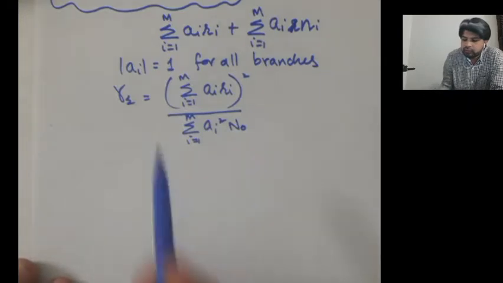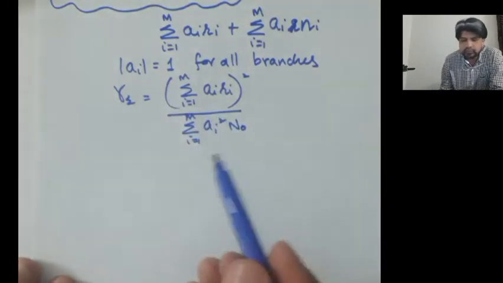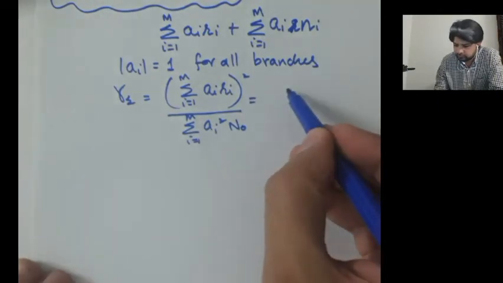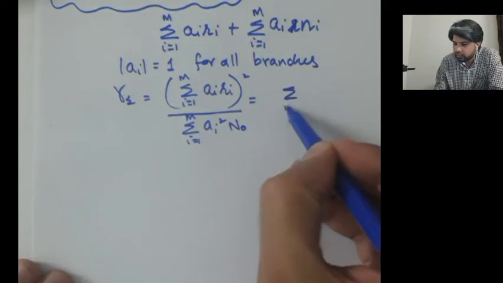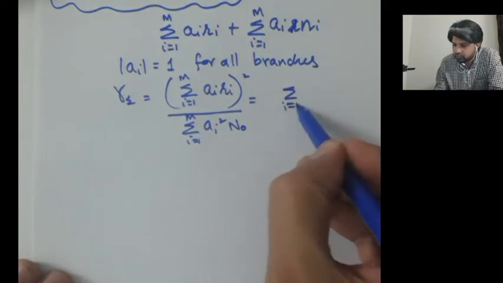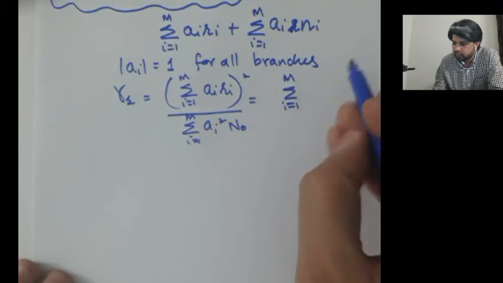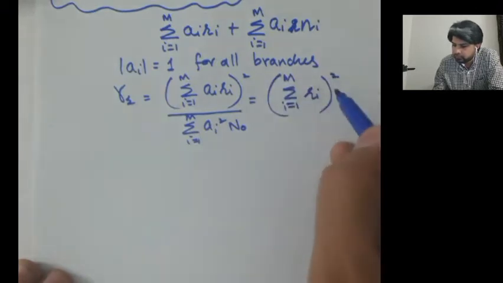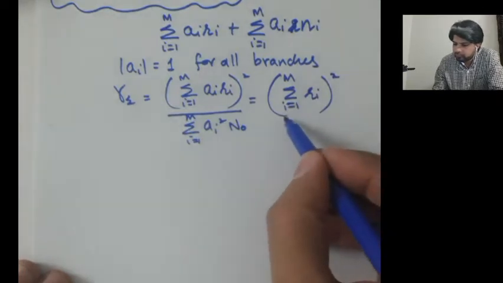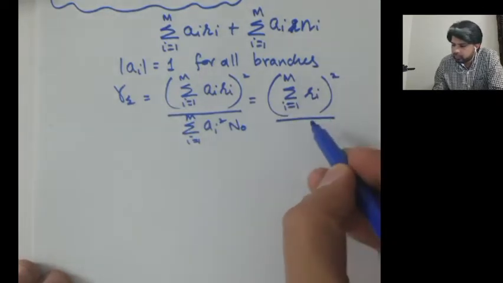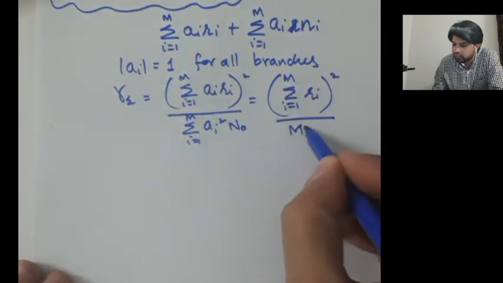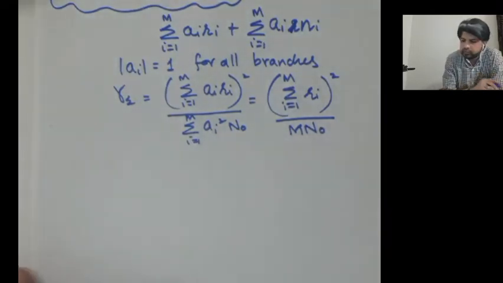And now if this A_i magnitude is 1 for all of these branches, then we know that gamma sigma is nothing but summation i equals 1 to capital M of R_i, whole squared, divided by, now this is 1, so this would give you M times N naught. So that is what your received signal would look like.